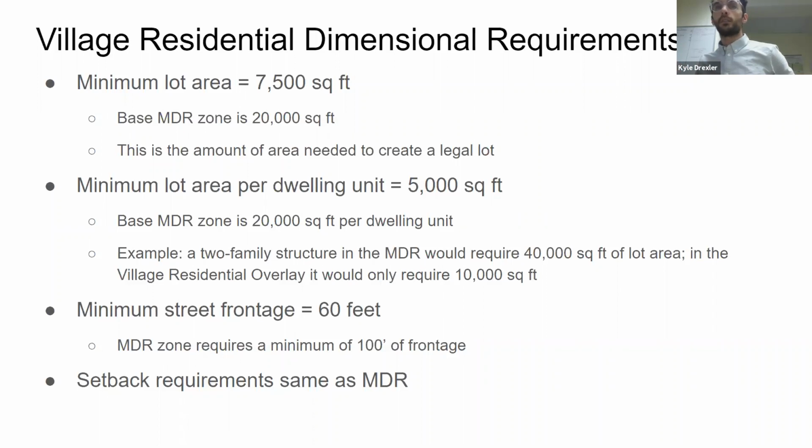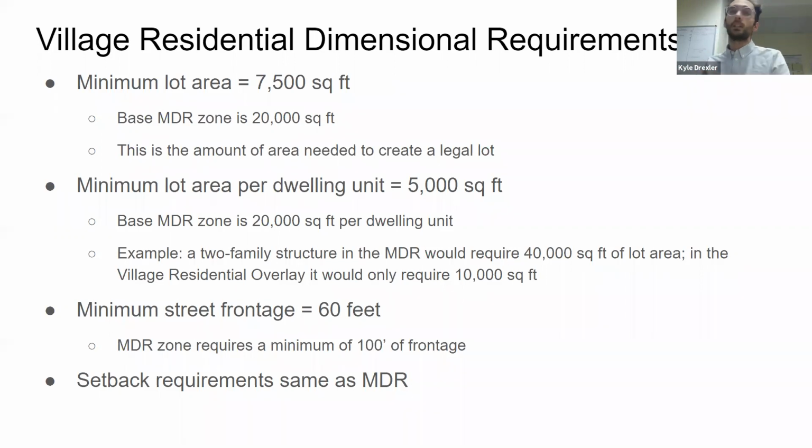You'd have to convert the 2-family back to a single family so that it became a legal lot again. Because if you wanted to sell the 2-family to someone who's going to rent out both units, then that wouldn't meet the standards anymore, and it would no longer be considered a legal lot.